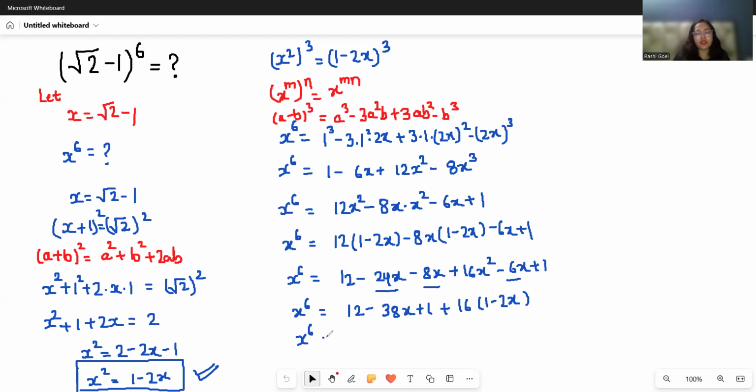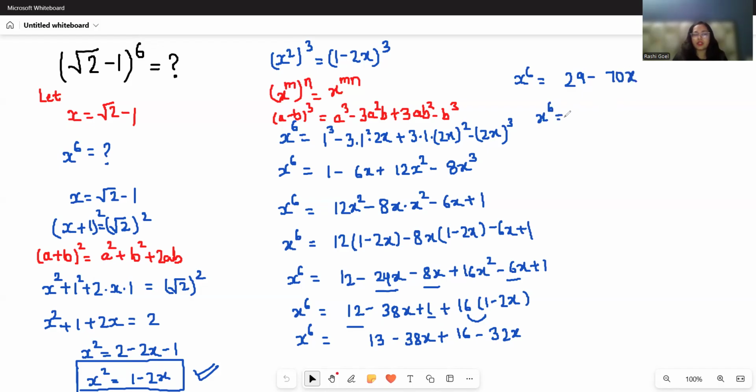So x power 6 equals 12 plus 1 is 13, minus 38x, plus 16 times 1 is 16, minus 16 times 2 is 32x. So x power 6 equals 13 plus 16 is 29, minus 38x minus 32x is minus 70x.